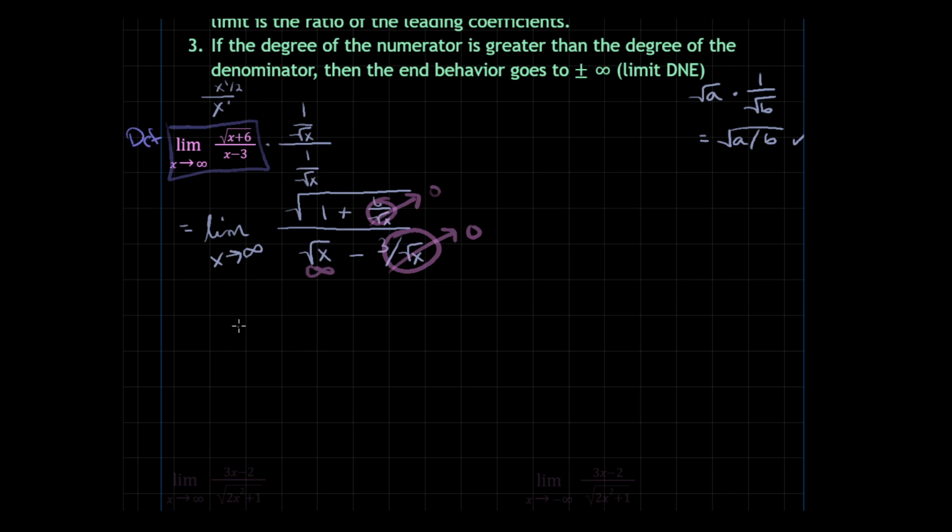So overall, we have a square root of 1 plus 0 over infinity plus 0. And x is positive, so that's a positive number. Everything here is positive. So this is 1 over infinity, which is going to go to 0. Just like I thought, because the denominator is stronger than the numerator. The power is bigger. All right?